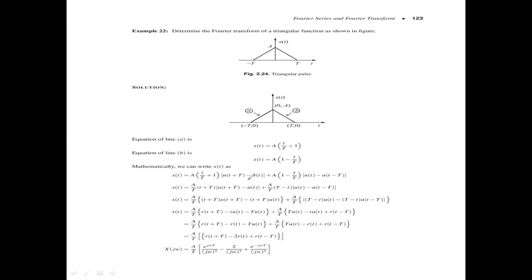How did we get this equation? And for the second one, a into 1 minus t by T, mu of t minus T. We got these two equations, a into 1 minus t by T and a into 1 plus t by T. Mu of t plus capital T minus mu of t. Okay, my dear students, how did we get that function? Let us see using the graphical representation. Mu of t, how can we write this mu of t?